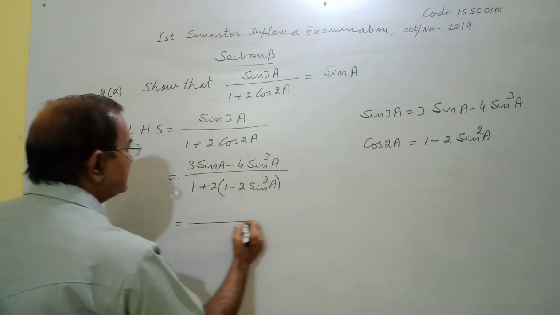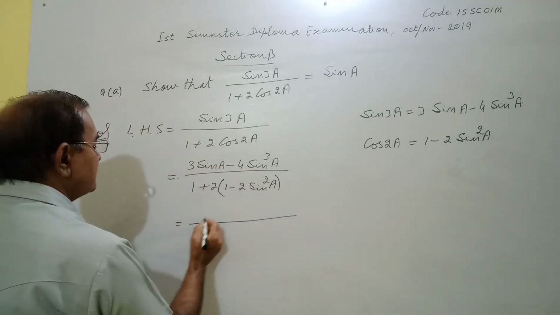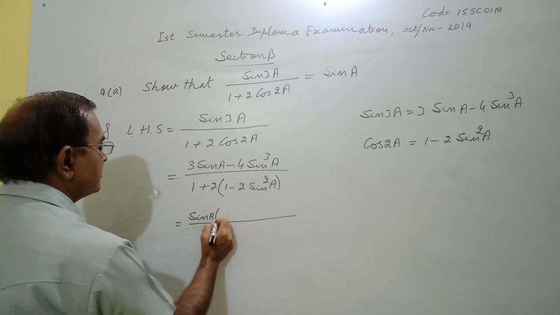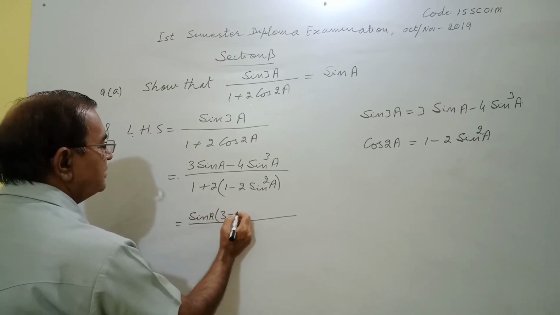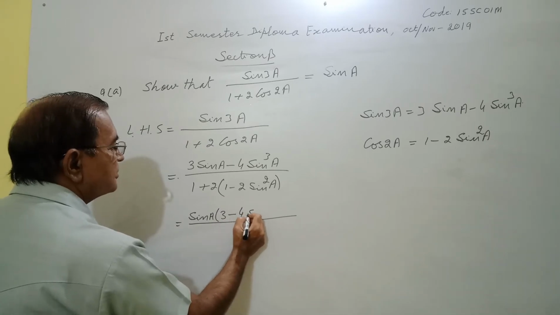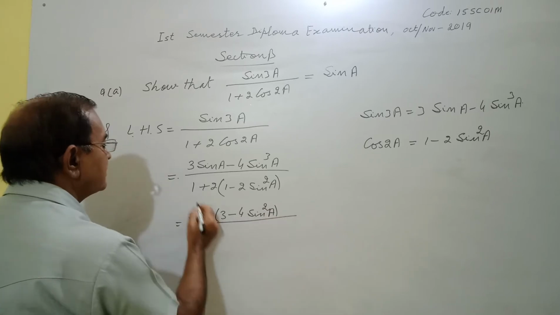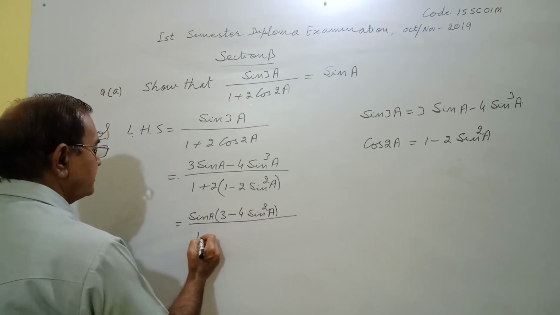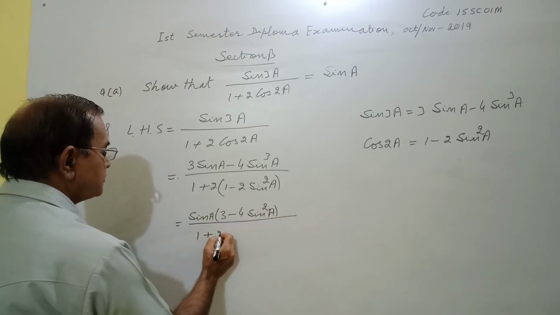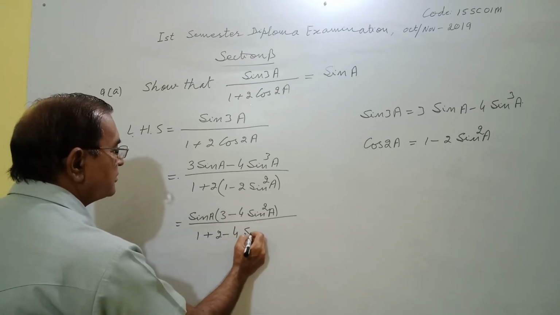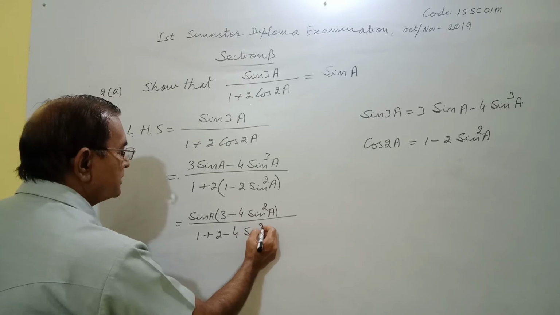After using the identities, in the numerator we can take sin a common, we are left with 3 minus 4 sin square a. In the denominator we will get 1 plus 2 minus 4 sin square a.